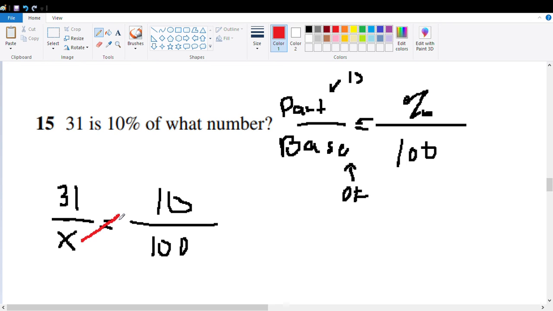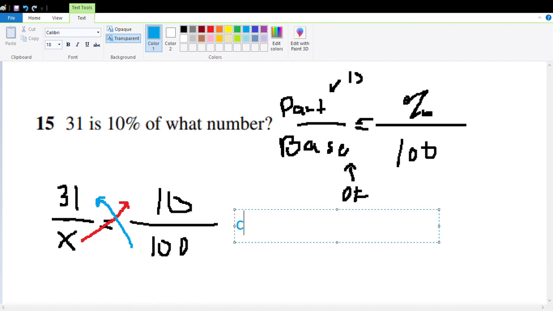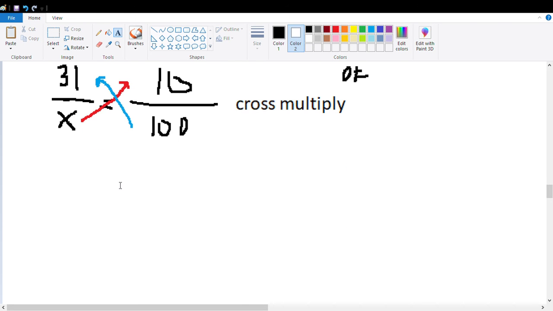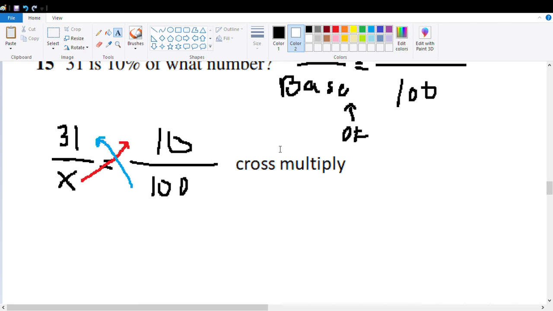What we do is cross multiply. But first thing first, instead of cross multiply, let's do something easy and simplify.